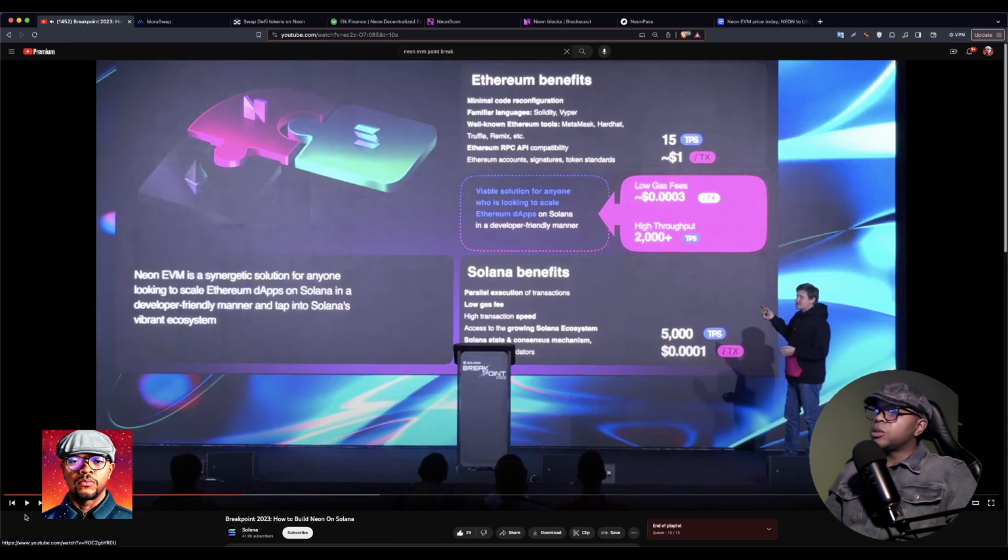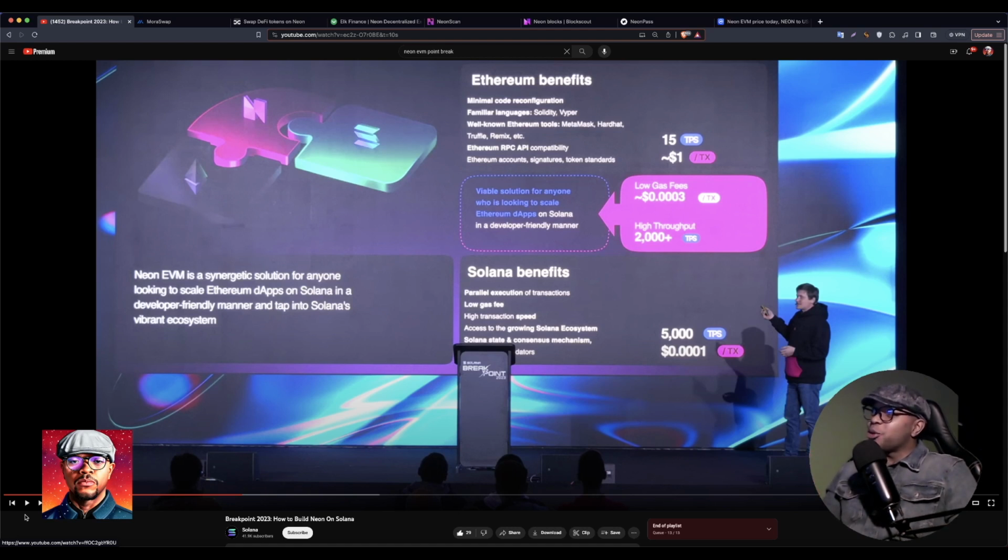This is pretty cool. Neon EVM is able to process transactions in parallel as an EVM. So that's pretty cool. And I can imagine a lot of organizations and projects wanting to leverage that capability, because essentially Neon is inheriting the functionality of Solana.